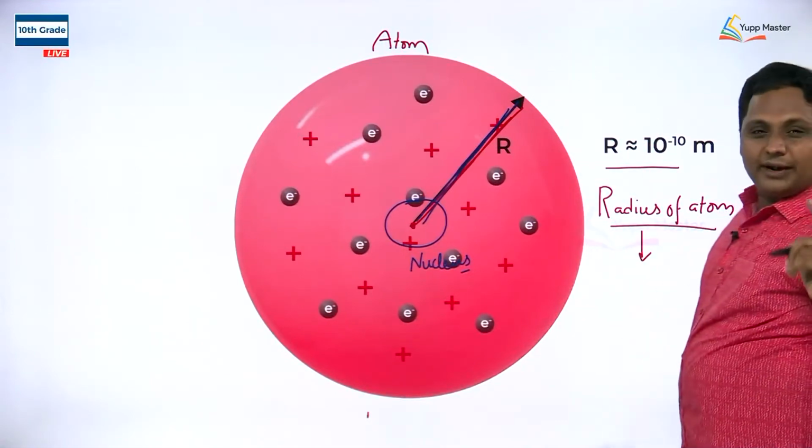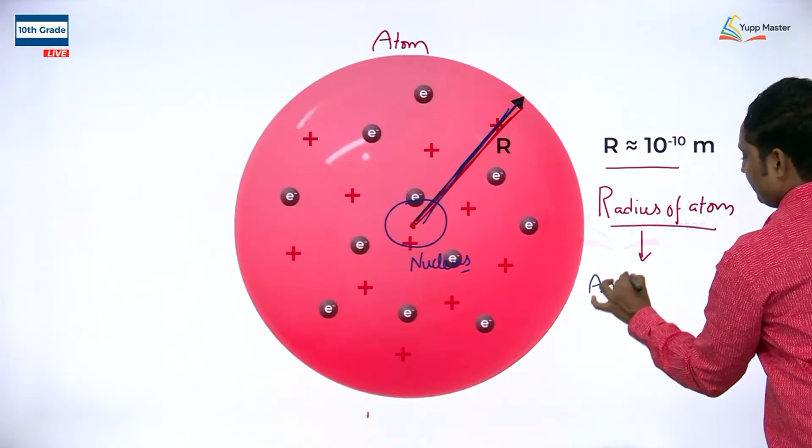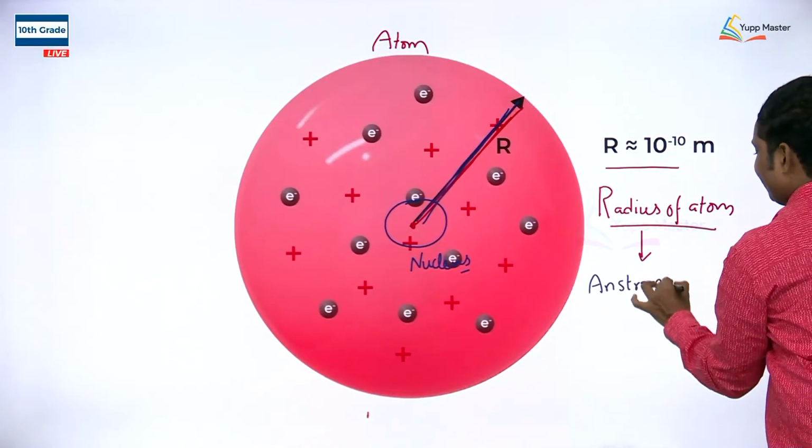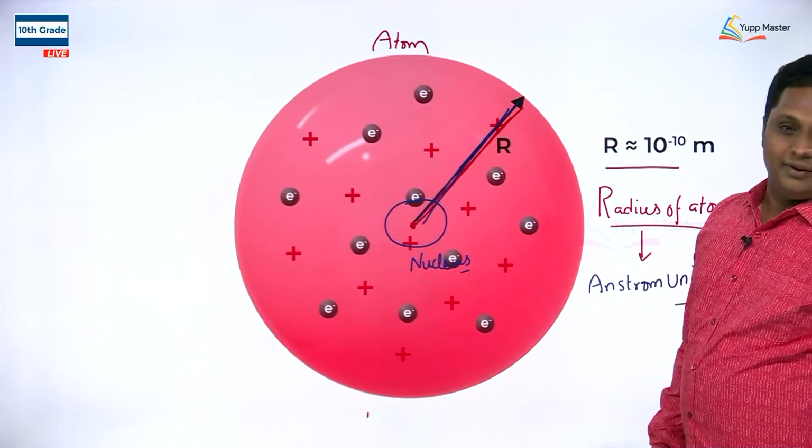The radius of atom can be measured with the help of angstrom units, yeah, for their measurement.